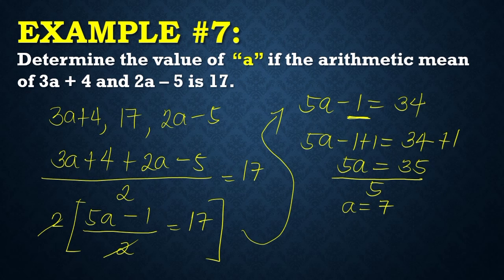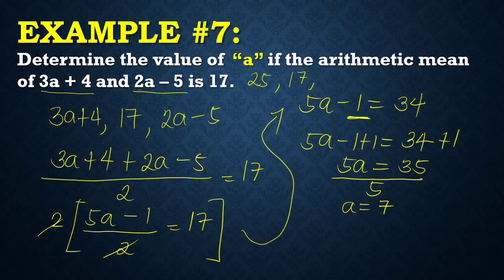Okay? So, check natin. 3 times 7, dito muna sa 3a plus 4. 3a plus 4. 3 times 7, that is 21. Plus 4, 25. So, ayan. Next, yung arithmetic mean natin, 17. And then, yung last term natin na 2a minus 5, 2 times 7, that is 14.